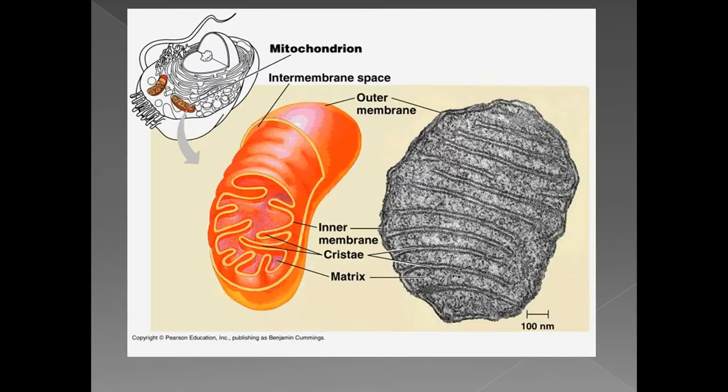In this slide, you see the matrix is the part in between the folds. It's the liquid stuff. It's comparable to the stroma, which we talked about in the chloroplast for photosynthesis. The cristae are the actual folds inside the mitochondrion.